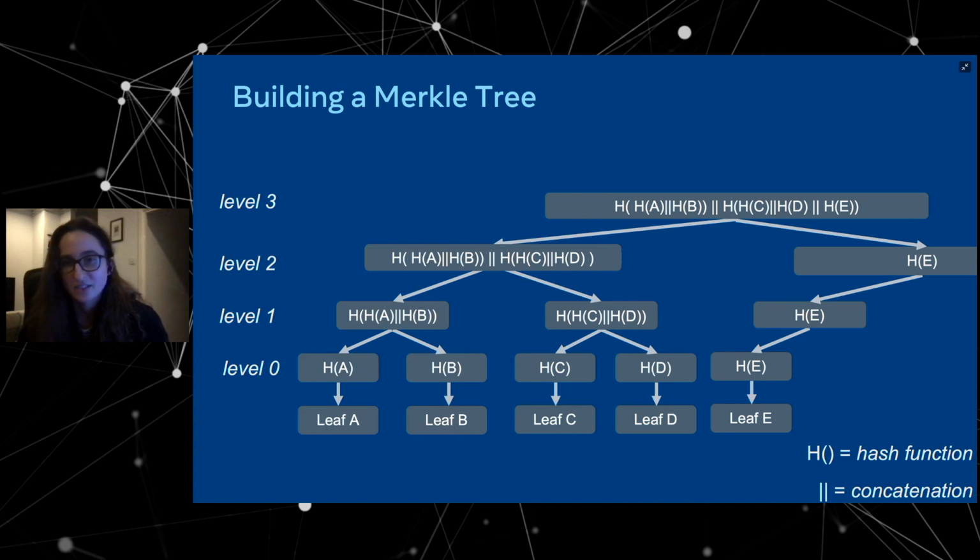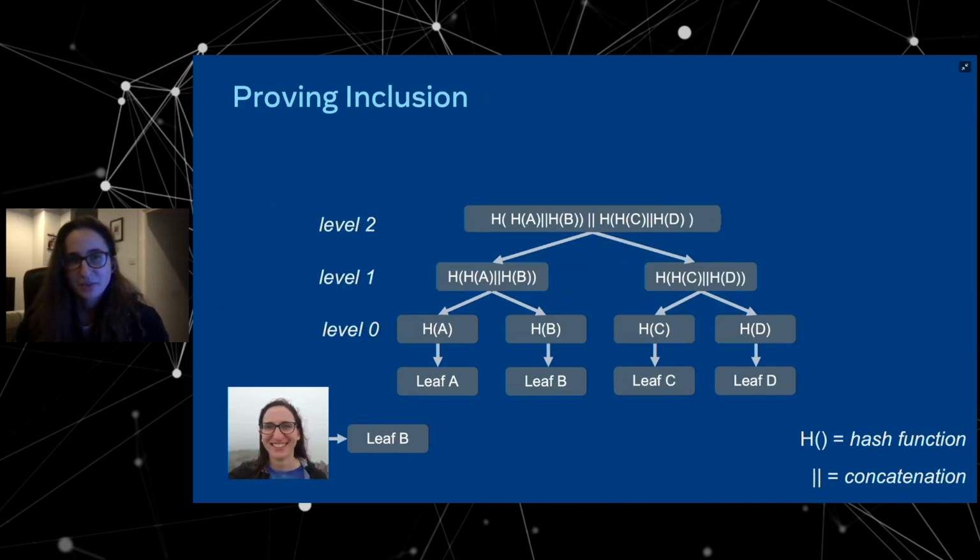Okay, so given some data, how do we prove its inclusion in a Merkle tree? I've simplified the tree a bit here, but let's say I have my key, which is really leaf B. And I've presented my key for verification of its enrollment in the key registry.